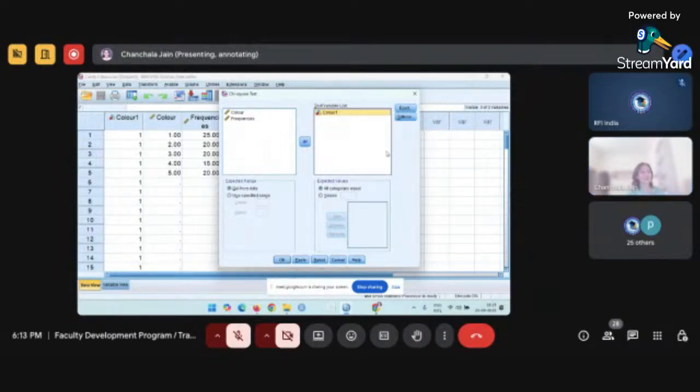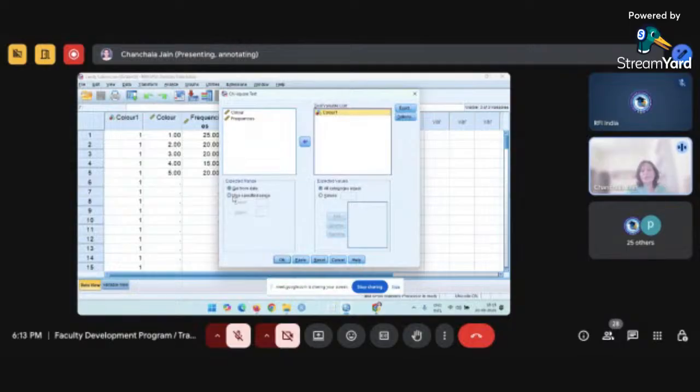Now, although there is nothing you need to do here, I am still explaining this dialog box. At the lower left side, there is a section called Expected Range. The first option is Get from the data.